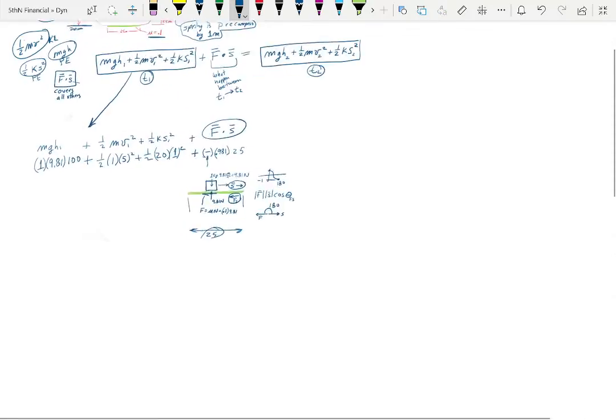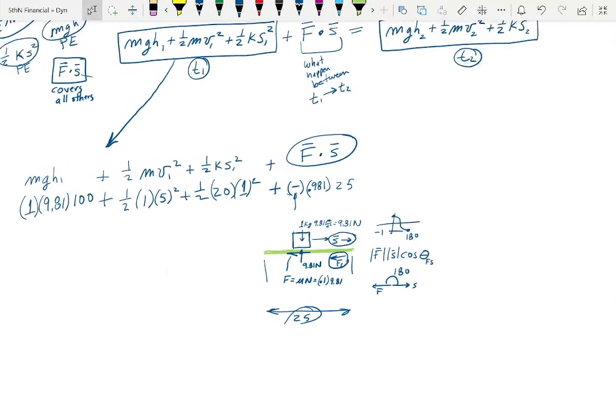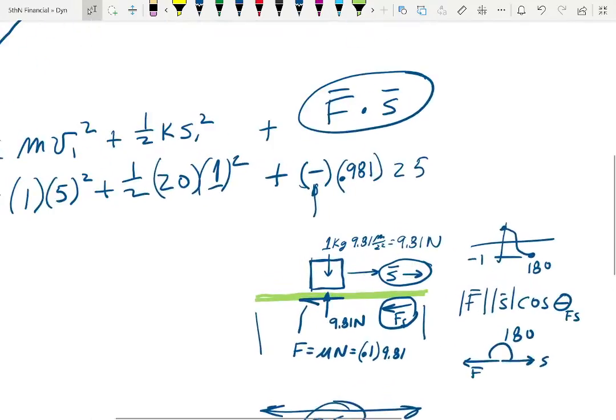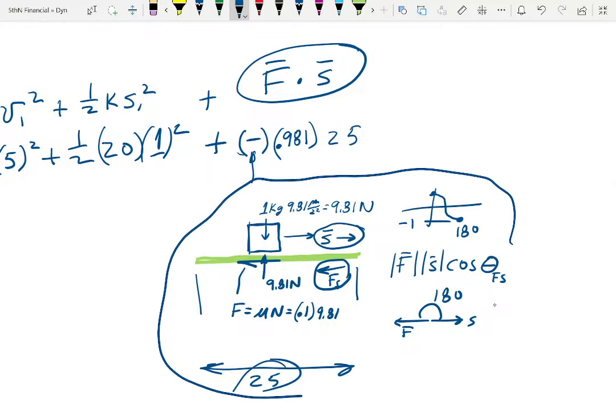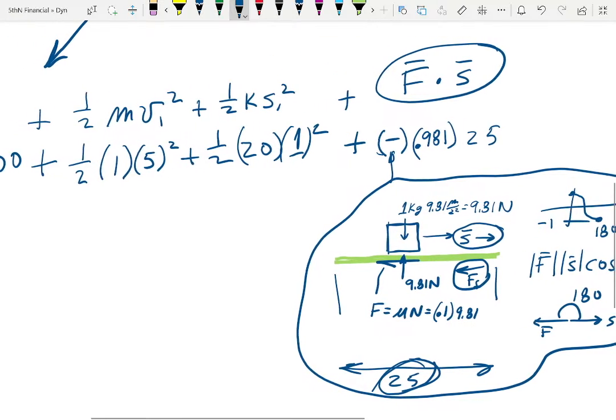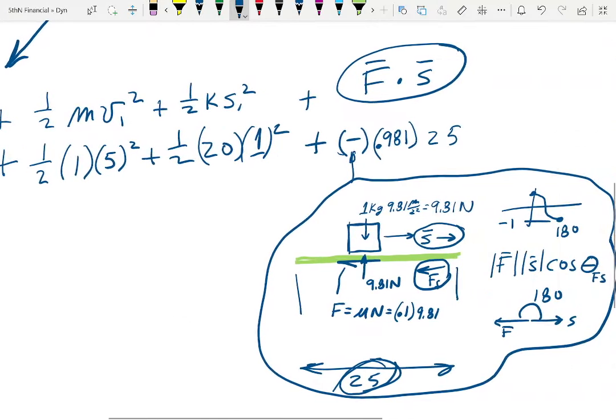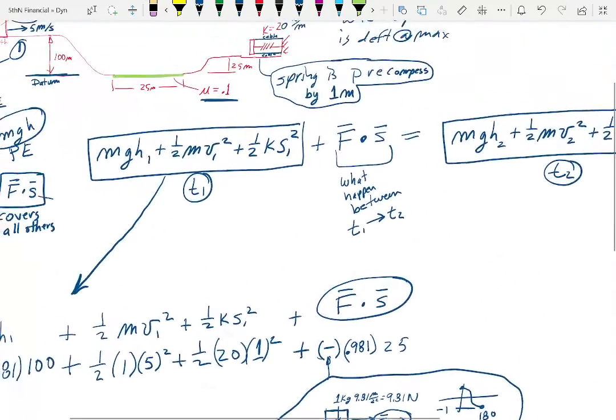Okay, back to my problem. I slid along this surface for 25 meters, and I scraped away just a tiny amount of energy. You'll find out when you really look at these terms that this value is pretty small. In problems that he's constructing in the book, he'll try to make them so that that's not the case.